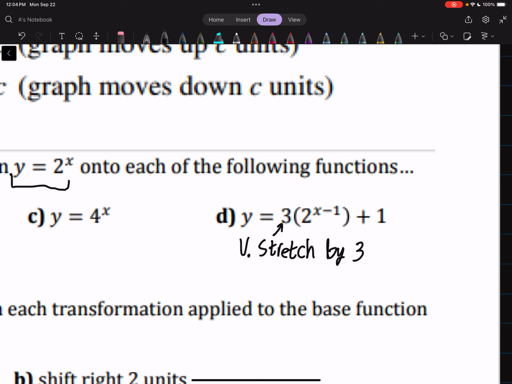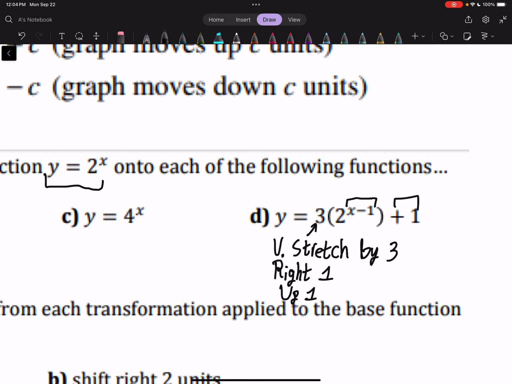I have x minus 1 in my exponent, so this is a shift to the right 1. And the plus 1 at the end means up 1. There's all of my transformations.